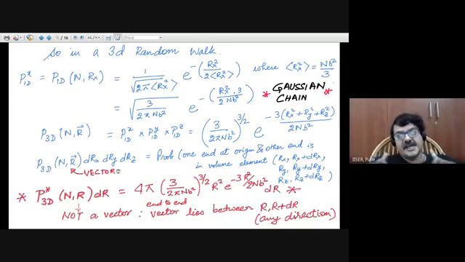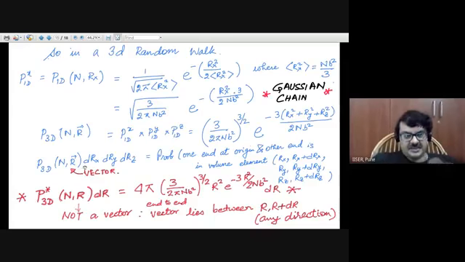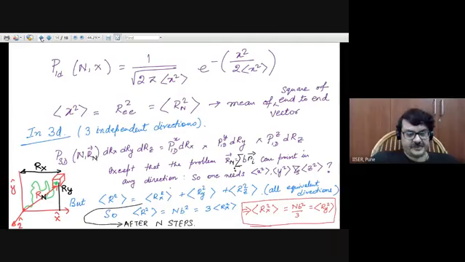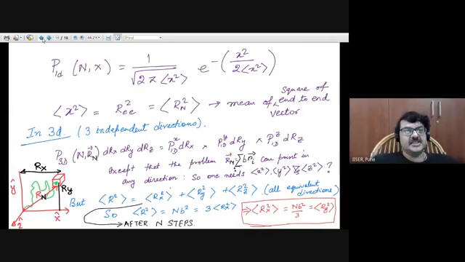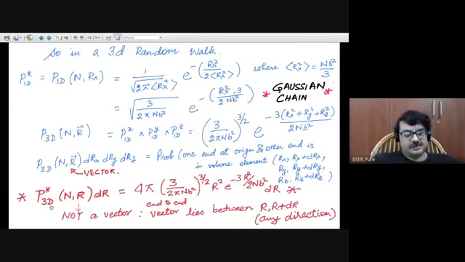Now, if you integrate over all directions, over theta and phi, right? This was in a certain unit volume of space. But now suppose you convert to spherical coordinates and integrate over all theta and phi, so that you ask what is the probability, and I've given a star here because this is a vector and now this is a scalar, that the end-to-end vector of the polymer ends up between r and r plus dr, independent of the direction.